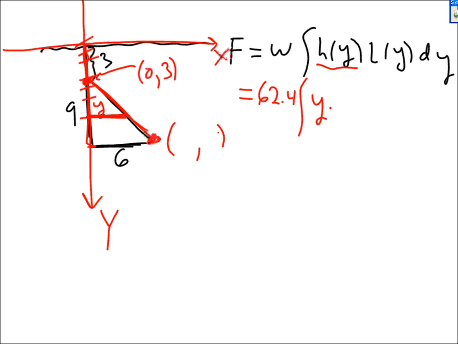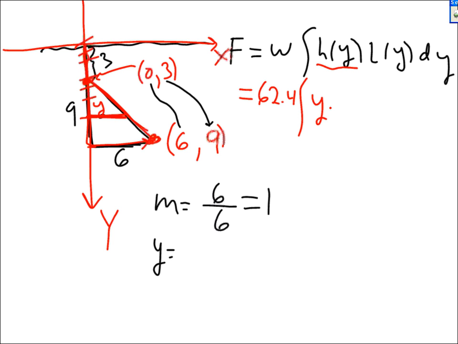You go down 9, and then you go to the right, 6. It's 6, 9. So, I want to find the equation of this line. Well, the slope is the change in y. From 3 to 9, went up 6. Change in x. From 0 to 6, it went up 6. The slope is 1.